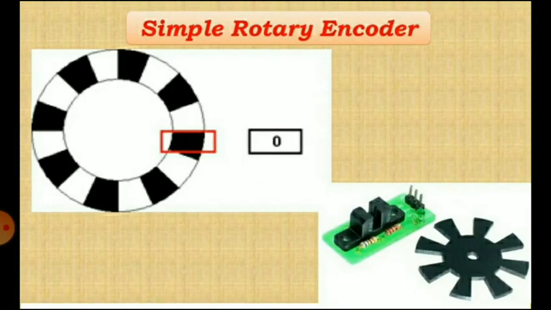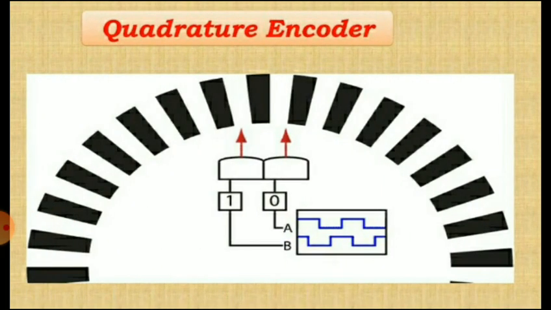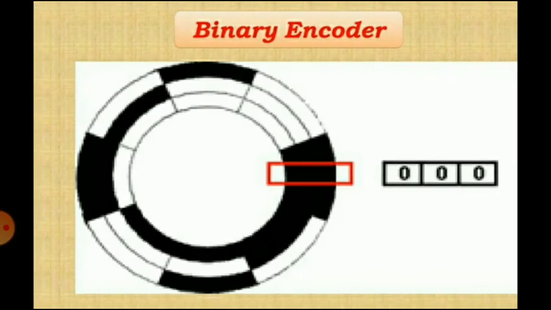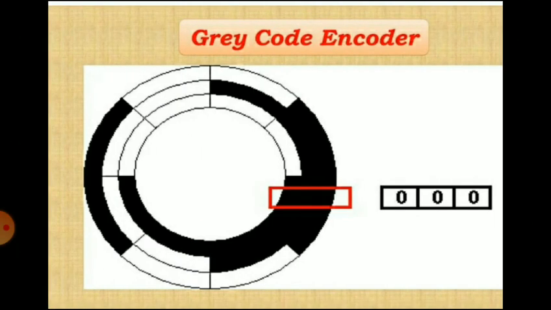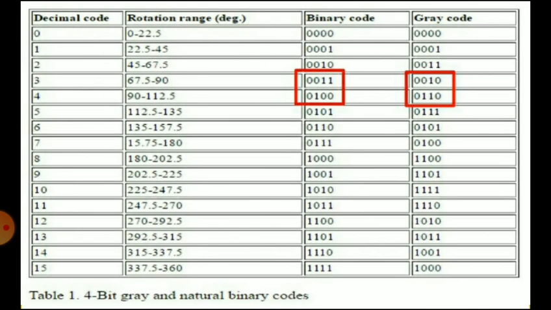So it is a simple rotary encoder, then the quadrature encoder, the binary encoder that is shown, and the gray code encoder. This is a table for 4-bit gray and natural binary codes.